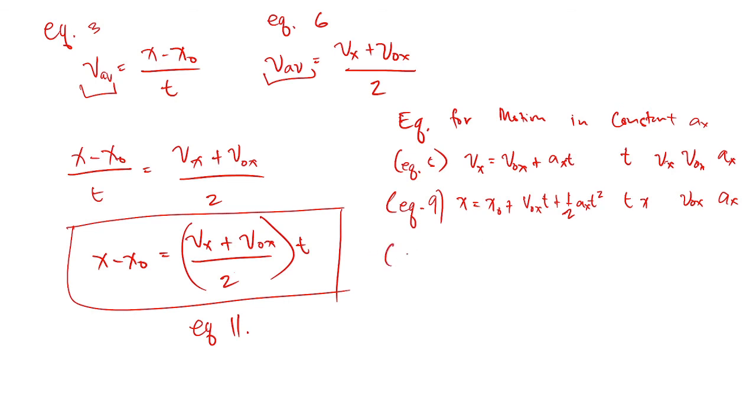Another formula that is useful for motion in constant acceleration will be equation 10, wherein equation 10 states that the square of our final velocity will be equal to the square of the initial velocity plus the product of twice our acceleration and our displacement.